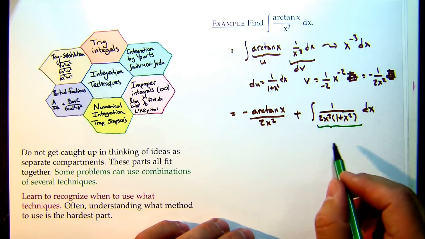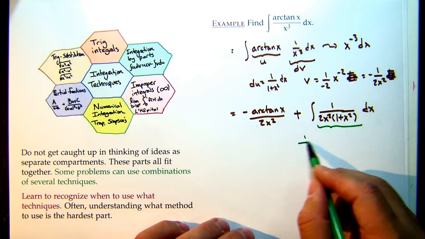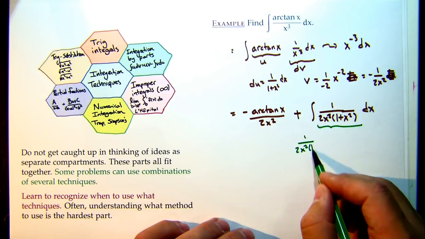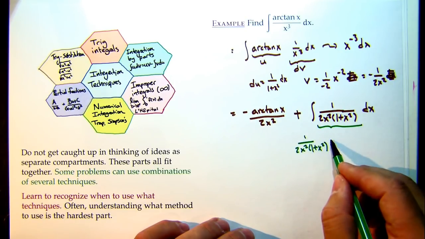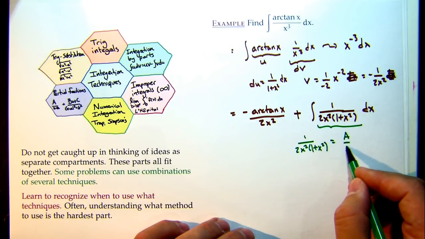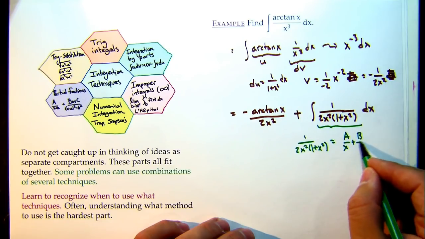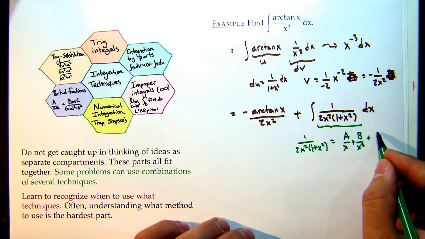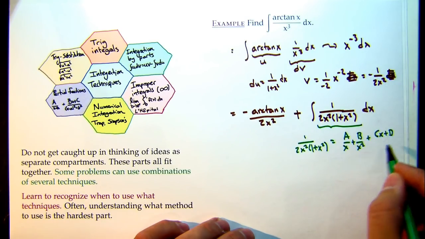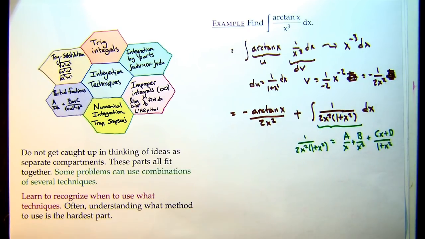And indeed, if this was a partial fraction, I'm going to think of this as 1 over 2x squared times 1 plus x squared. I'm going to break it up as a over x plus b over x squared plus cx plus d over 1 plus x squared. So that is a lot of partial fraction going on. But that's okay.